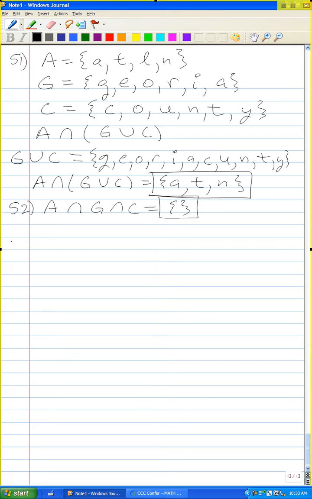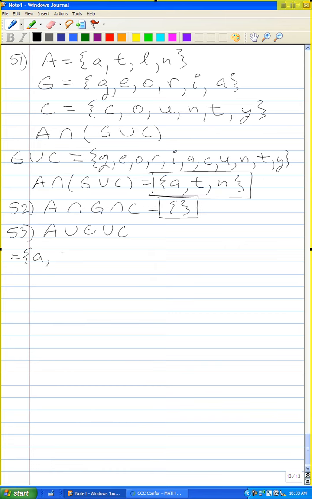53. A union G union C. So let's just combine all three sets, and it's going to be a big set.